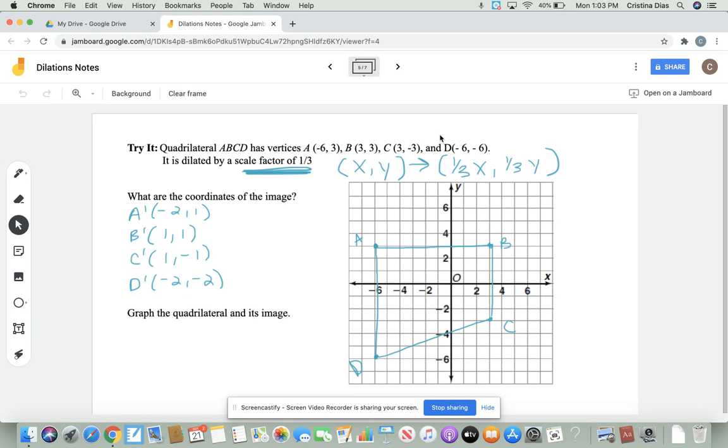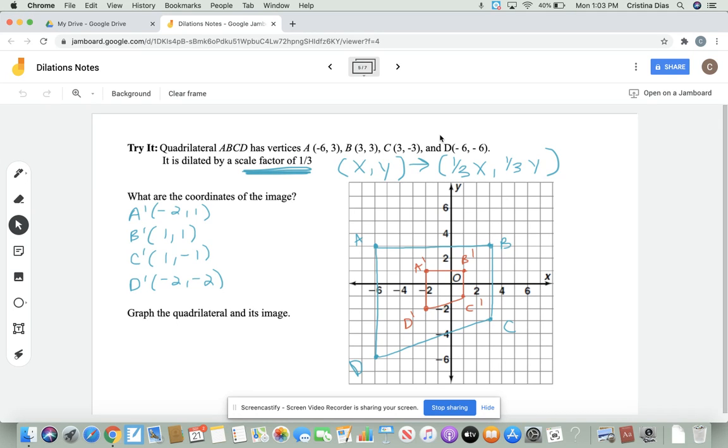So the image, A prime is at -2, 1. B prime, 1, 1. C prime, 1, -1. And D prime, -2, -2. Okay, so let's connect. Okay, so we see a figure that is smaller in size, but the same shape.